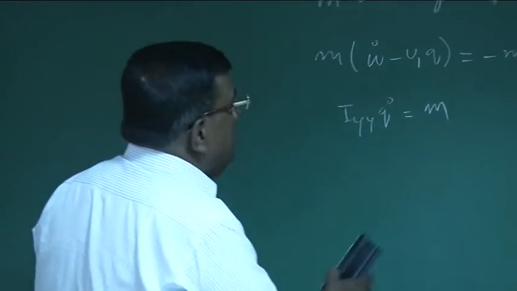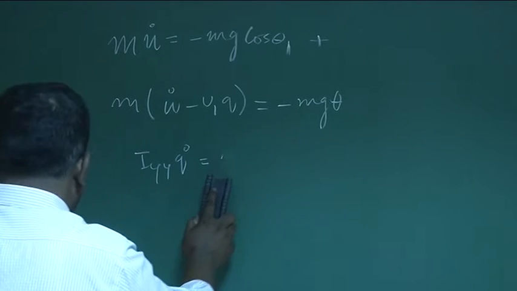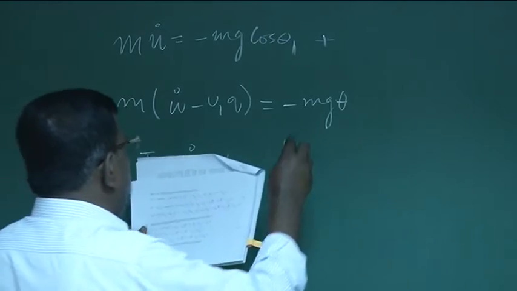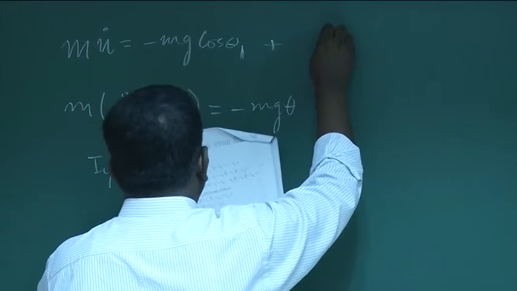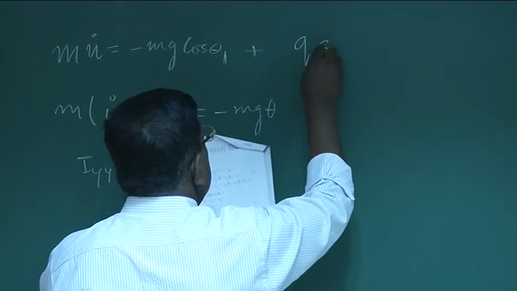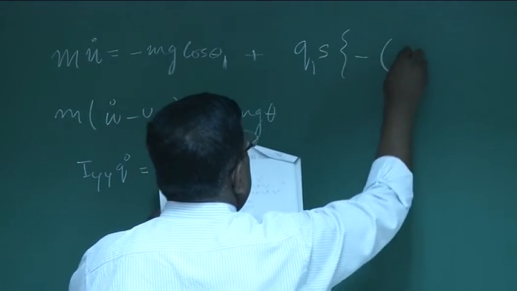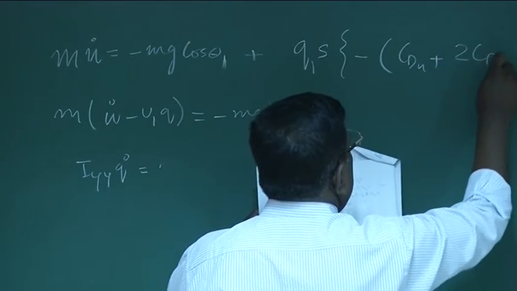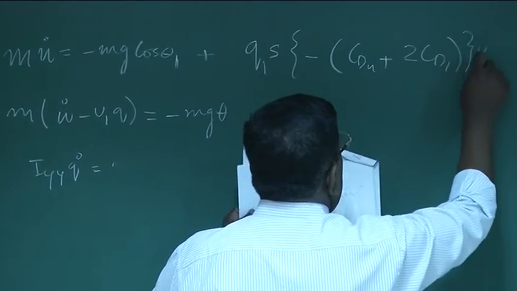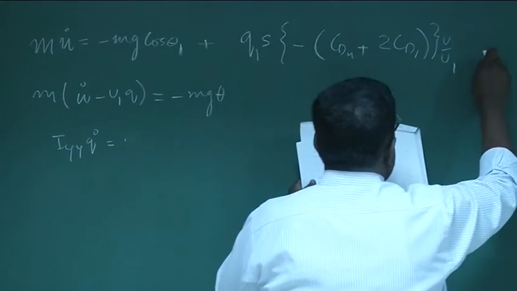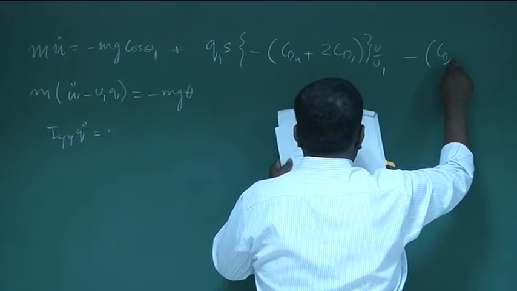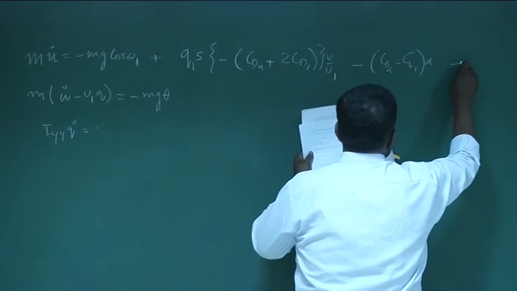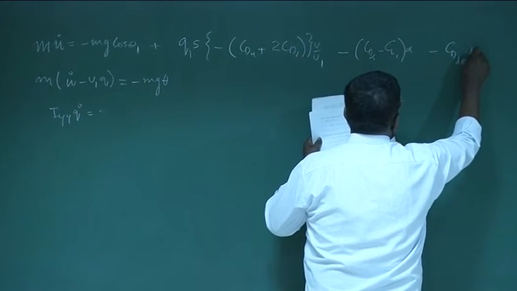To be more precise, for Fx, using those stability derivatives, we wrote this as q1 S times minus (CDu plus 2 CD1) into u by u1, then minus (CD alpha minus CL1) into alpha, then minus CD delta e into delta e.